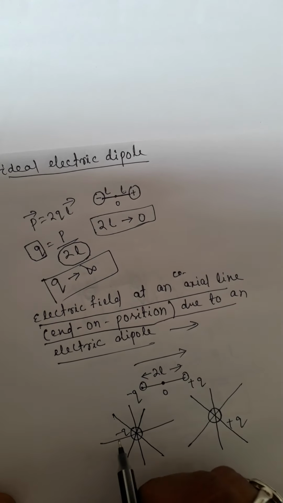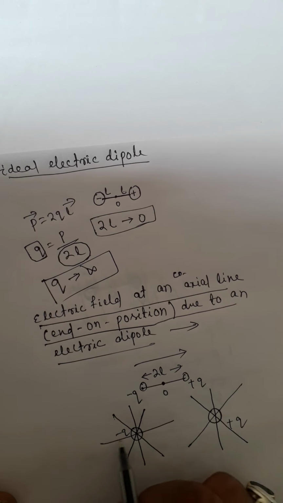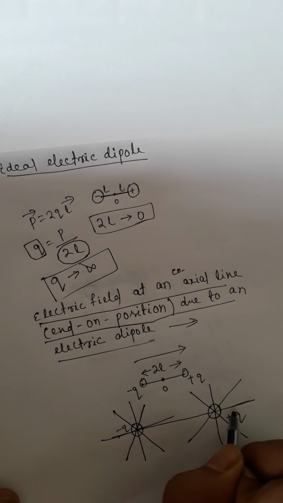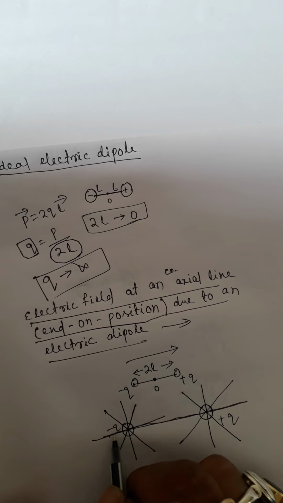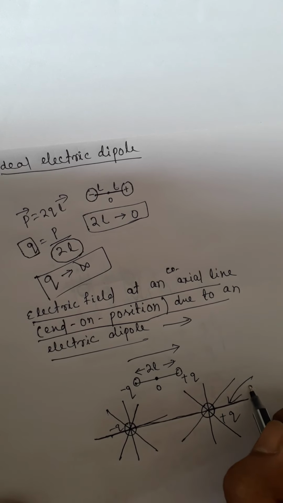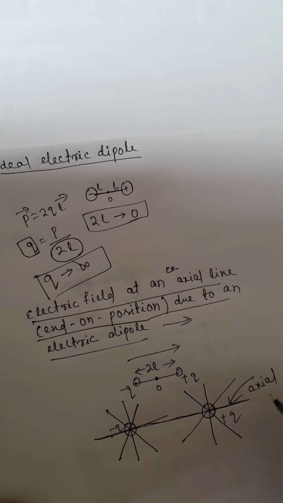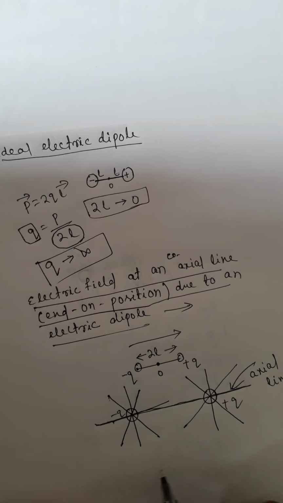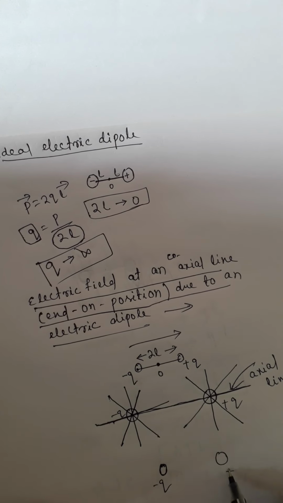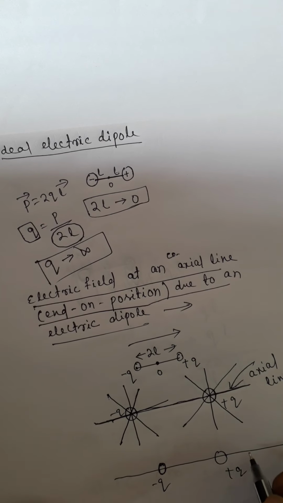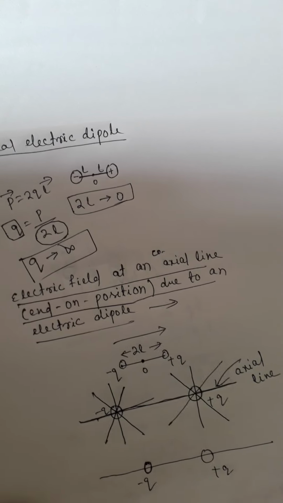The coaxial line means the axis joining these two charges of the dipole, that will be this line. This axis is called the coaxial line, or we can simply say the axial line, or the end-on position. So if this is minus q, this is plus q, this axis is the axial line or end-on position.